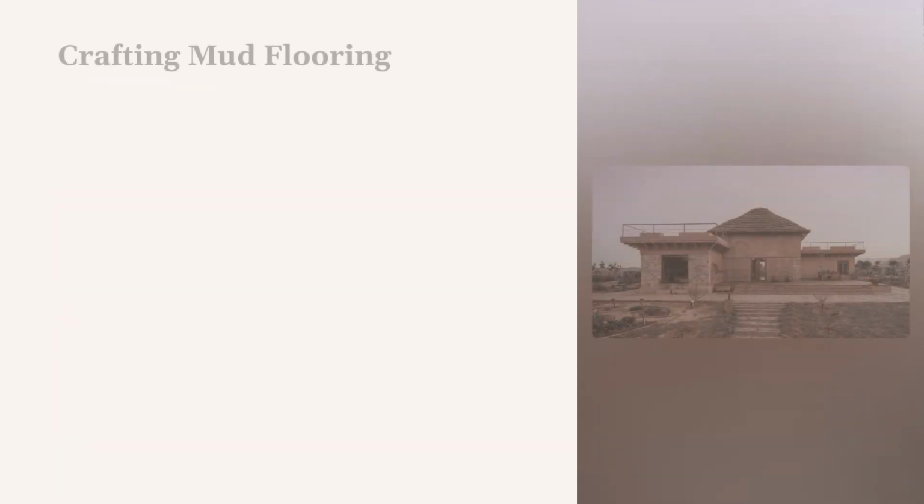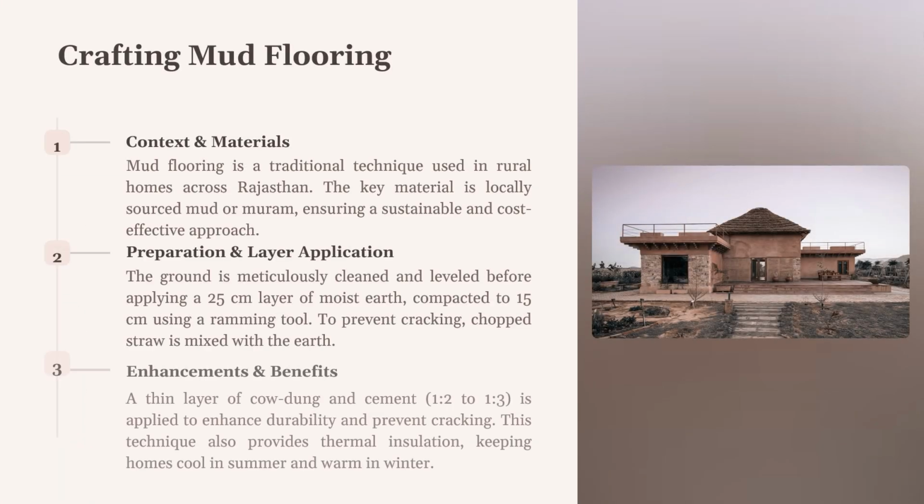The crafting goes like this. Over a well-prepared ground, a 25 cm thick layer of carefully selected moist earth is spread out. This earth, mostly impervious, is then vigorously rammed and compacted to a solid 15 cm thickness. And to prevent cracking as it dries, a touch of chopped straw is mixed in before ramming.